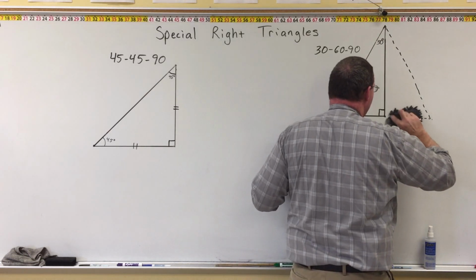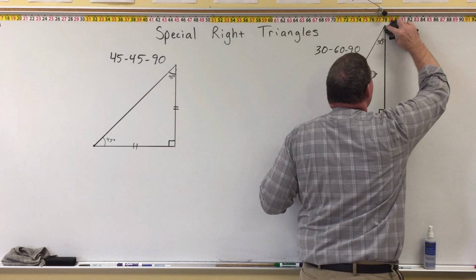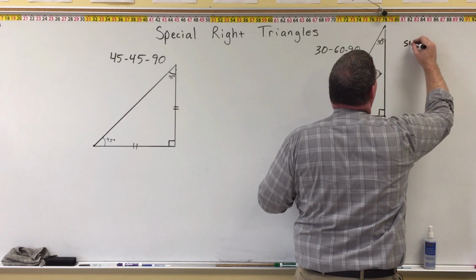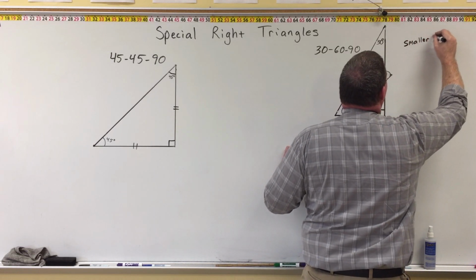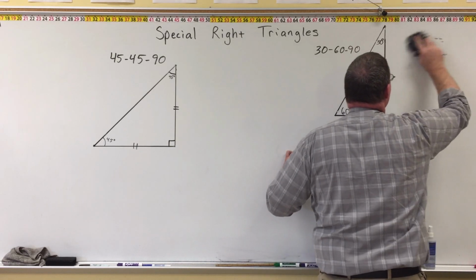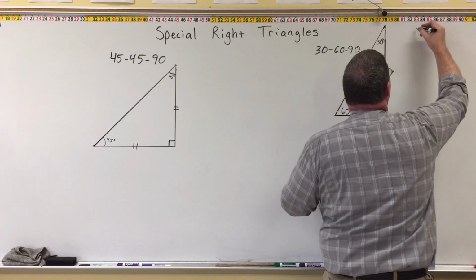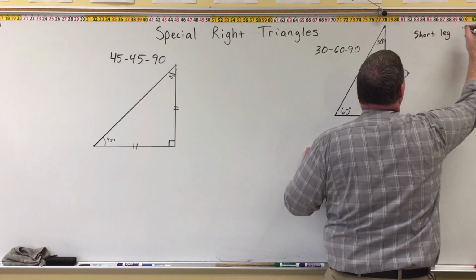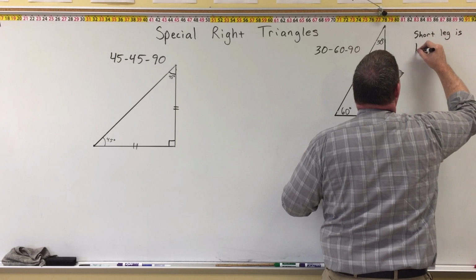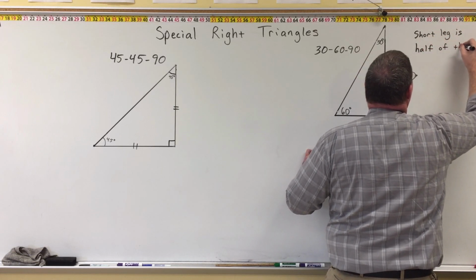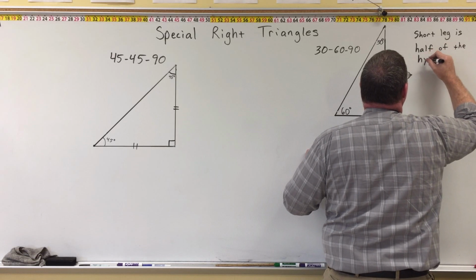And in every 30, 60, 90 right triangle, the smaller leg, here's what we'll write, smaller leg, or shorter leg, let's say. You rewrite this. The shorter leg, or short leg, is half of the hypotenuse.